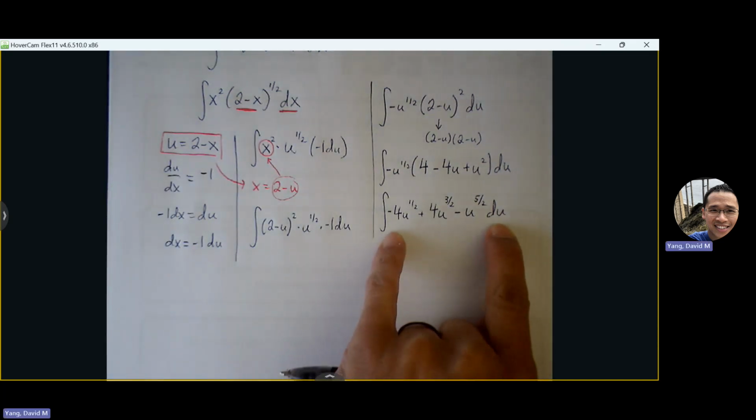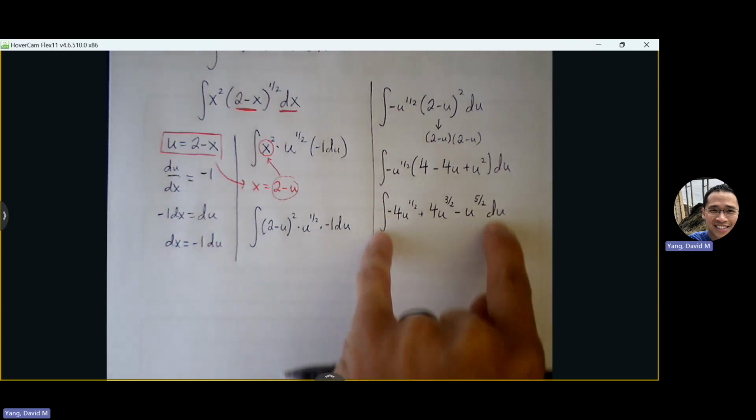Now that we're going to apply power rule, the next step will allow us to remove our notations.